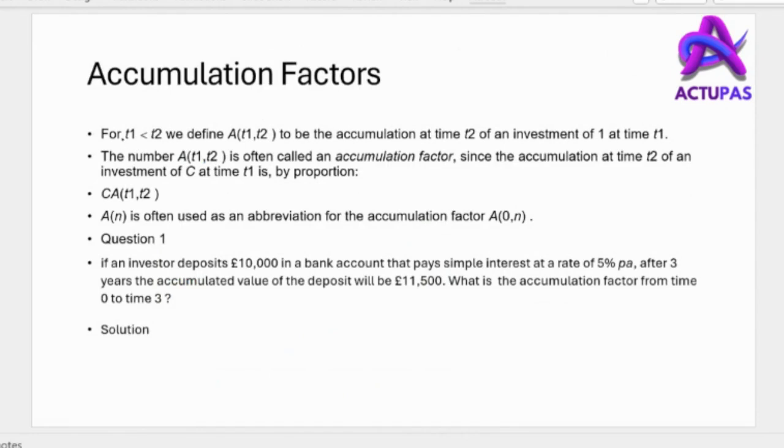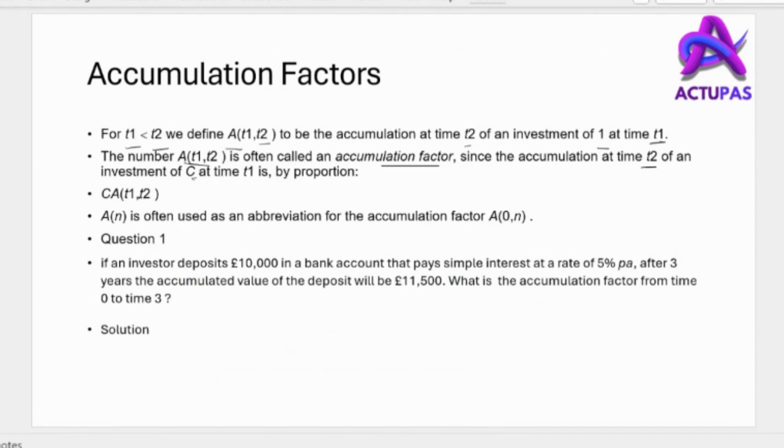Now we move on to the accumulation factor. For T1 less than T2, we define A(T1,T2) to be the accumulation at time T2 of an investment of 1 at time T1. The number A(T1,T2) is the accumulation factor. Since the accumulation at time T2 of an investment of C at time T1 is, by proportion, C times A(T1,T2).